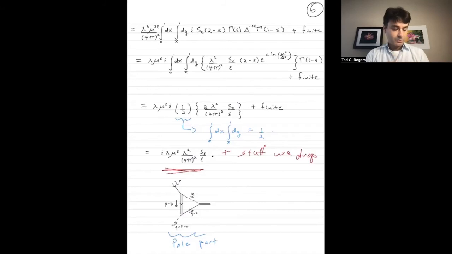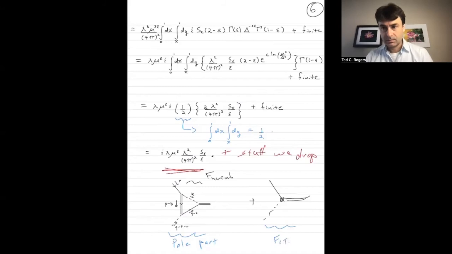And that's the pole part of F, and we need to add to that F counter term, or perhaps we should just draw it like this, and get F counter term.